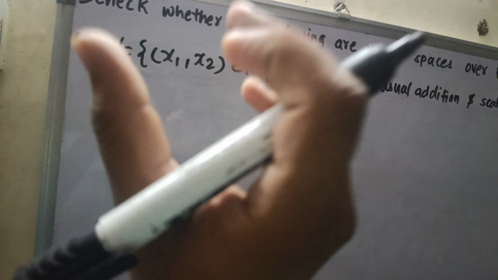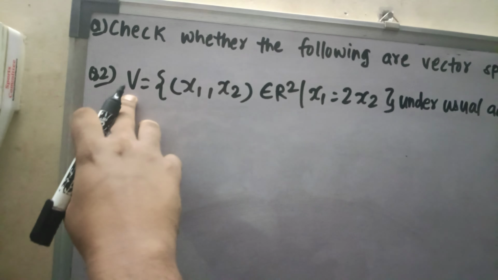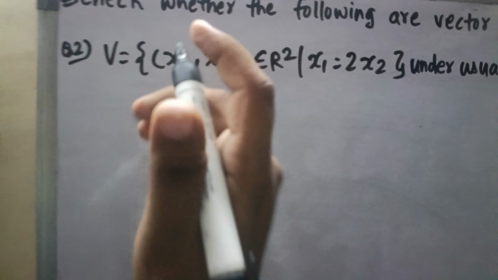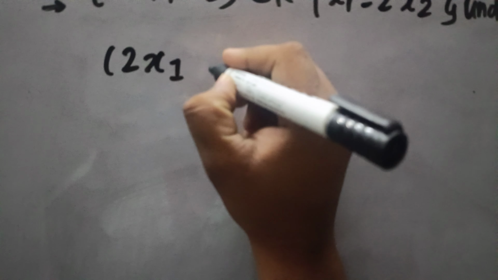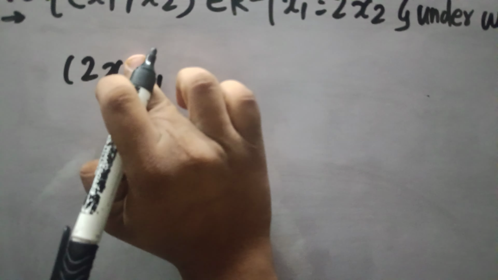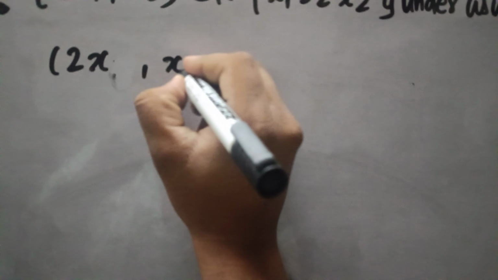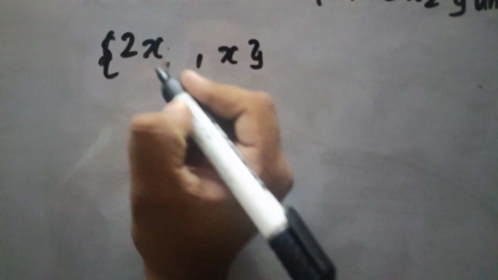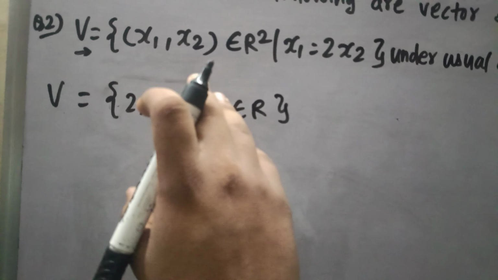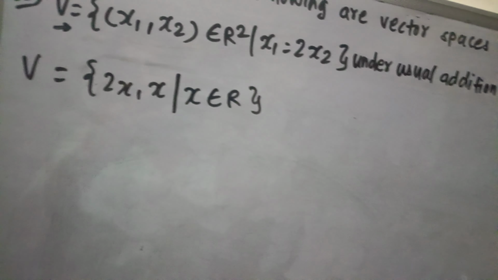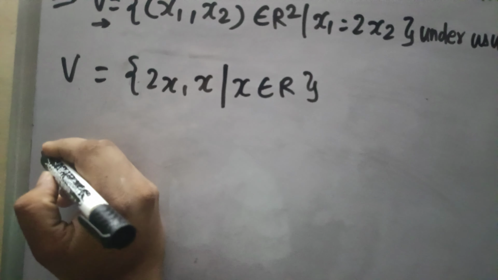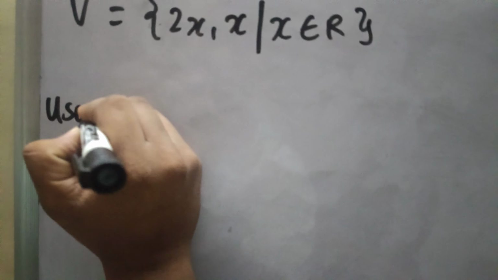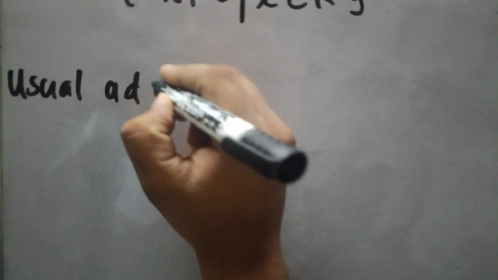So all of the elements of this V would look like 2x and x for all x belonging to real numbers. Okay, so first of all let's check the usual addition condition.